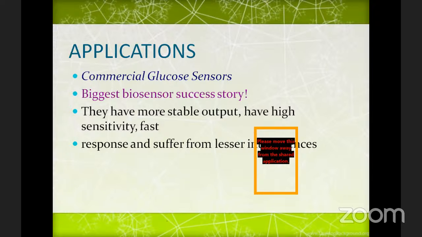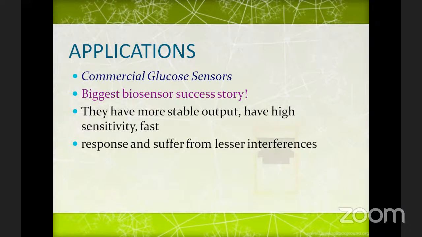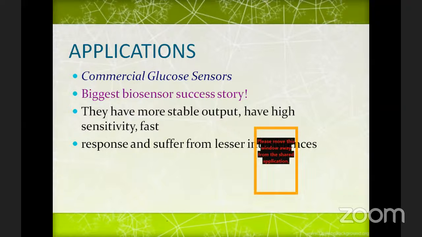After this invention, oxygen concentration detection could be used as a parameter in the medical field for detecting oxygen concentration in the blood. In addition, glucose biosensors also became popular in industry after they were developed and used.